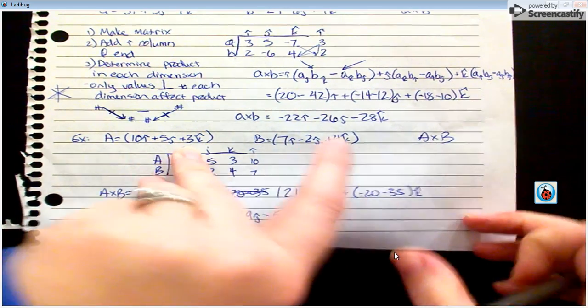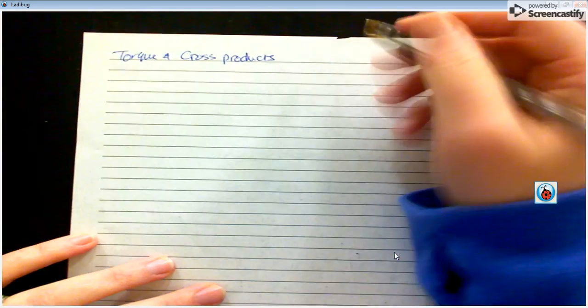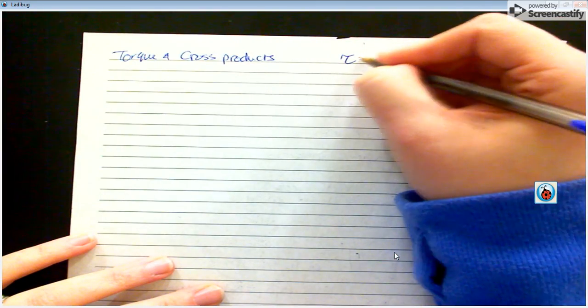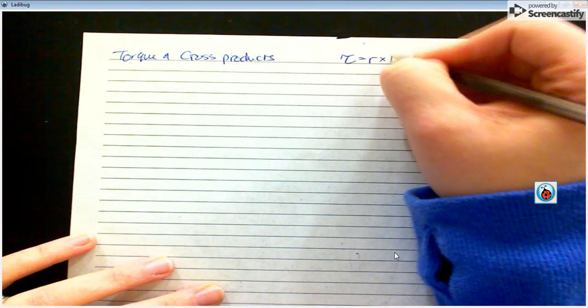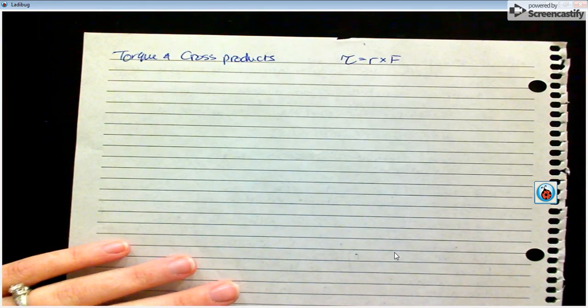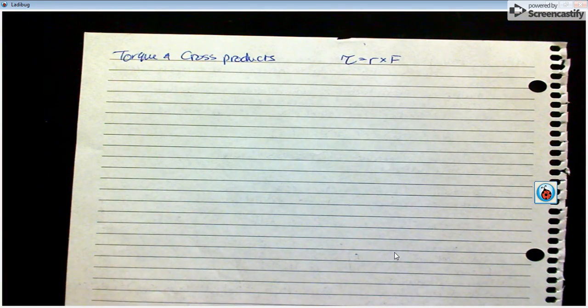Now let's apply this to torque. On your equation sheet, it lists the equation that torque is the cross product between radius and force. And that is right on your equation sheet, so you don't even need to memorize it.